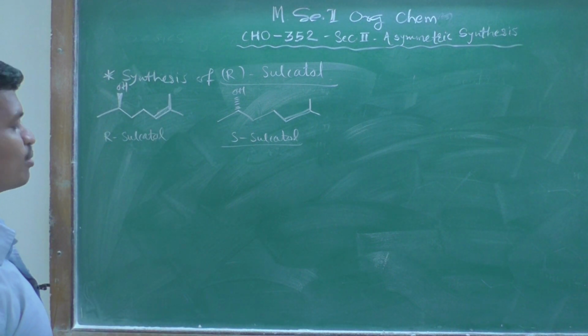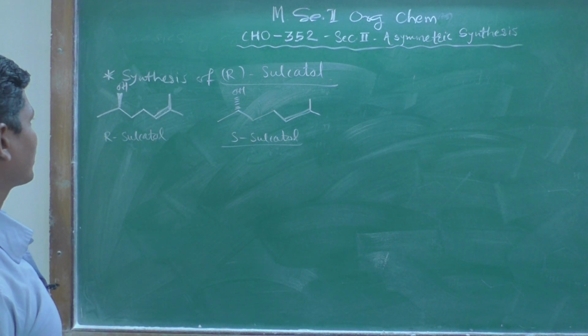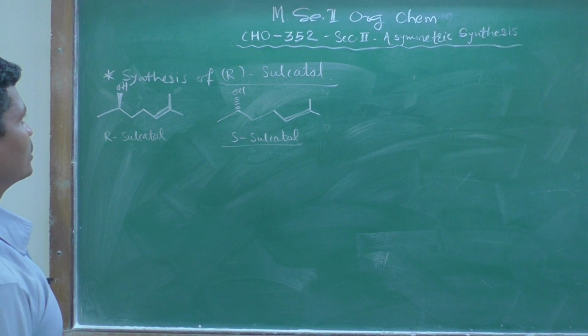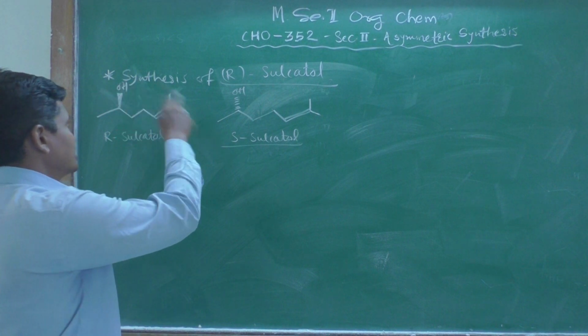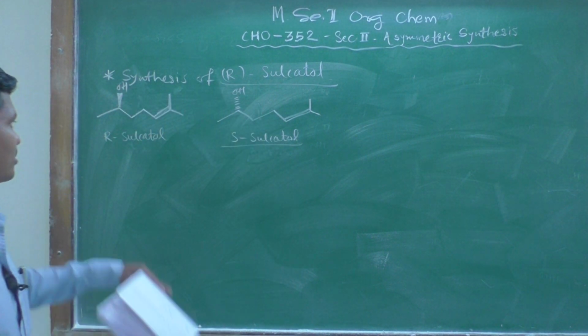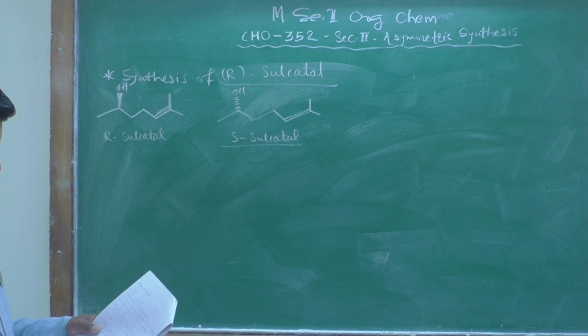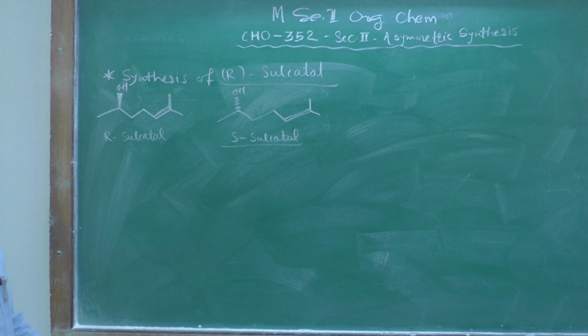An aliphatic chain is there with a carbon-carbon double bond at one end of the molecule. So we have to synthesize R-sulcatol here. What is R-sulcatol? R-sulcatol is a natural pheromone.